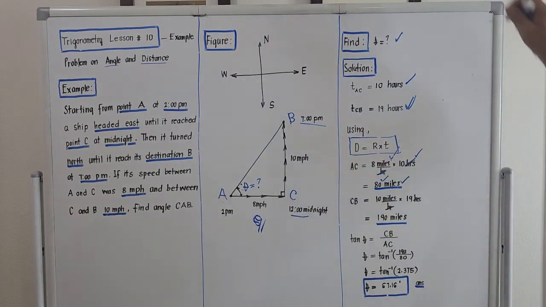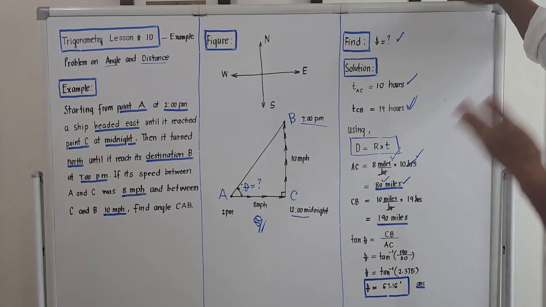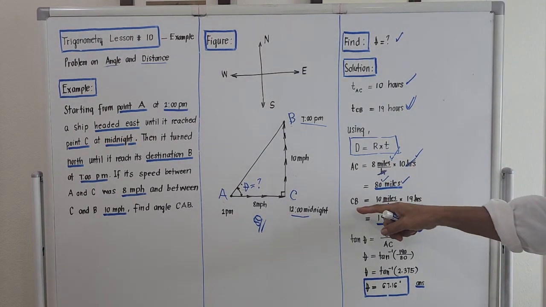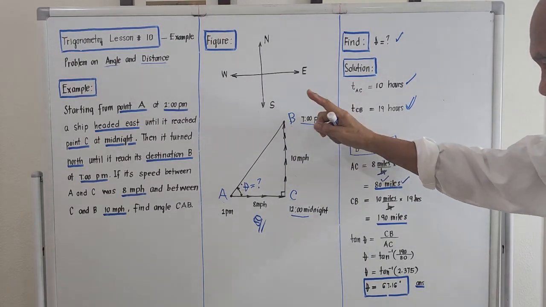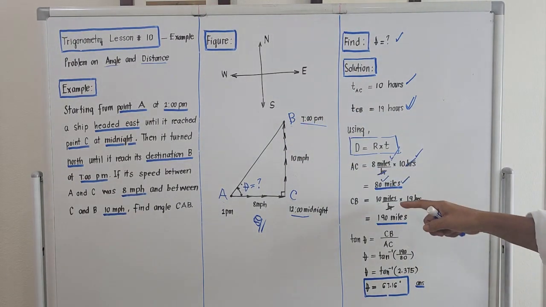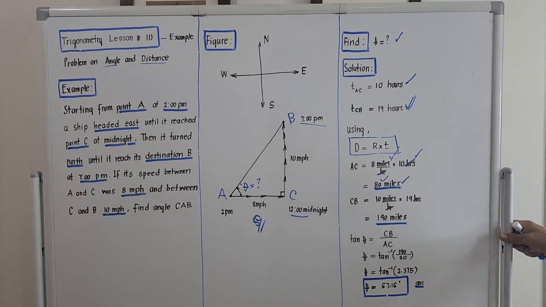Right? From C to B, we can also compute that. It's still a distance problem. That is, distance CB will be equal to the speed going from C to B times the total time consumed. The speed is actually 10 miles per hour, times 19 hours.